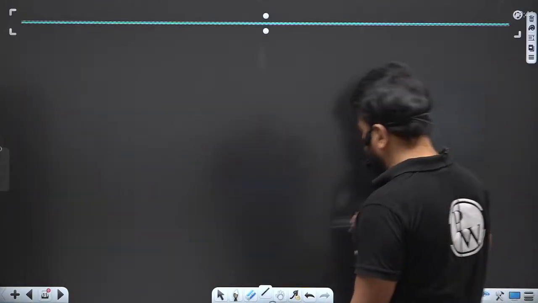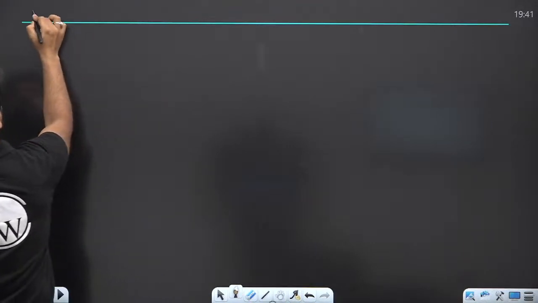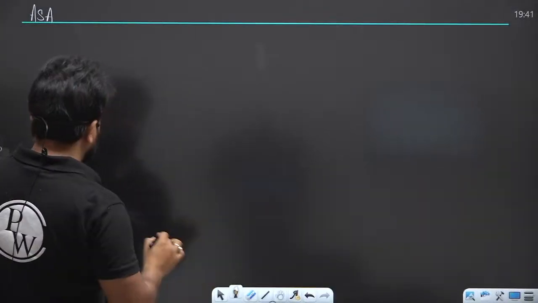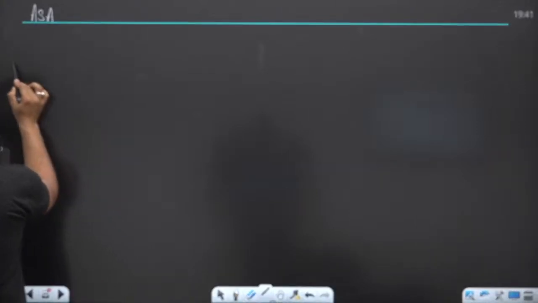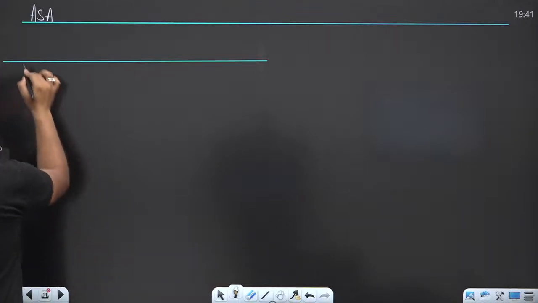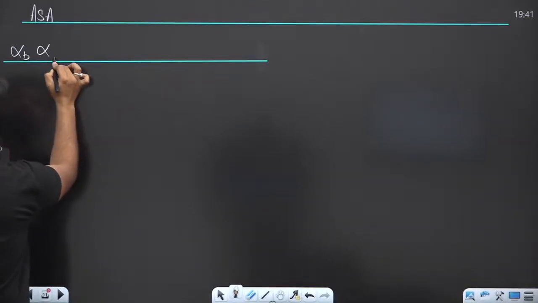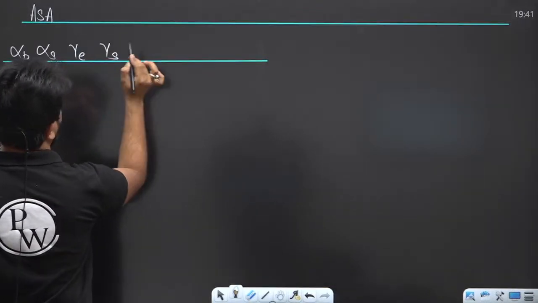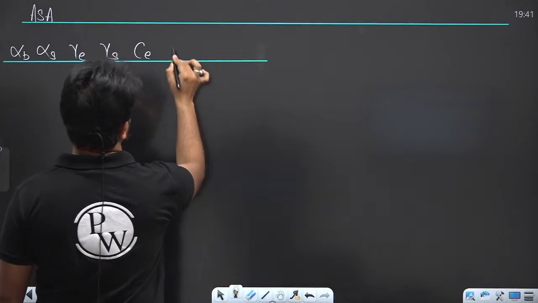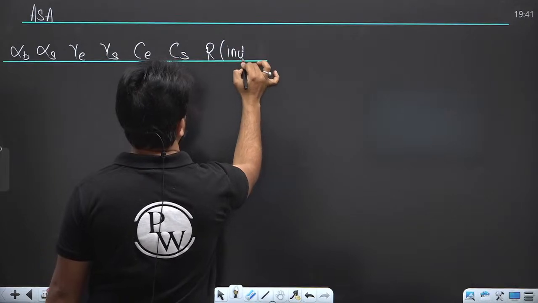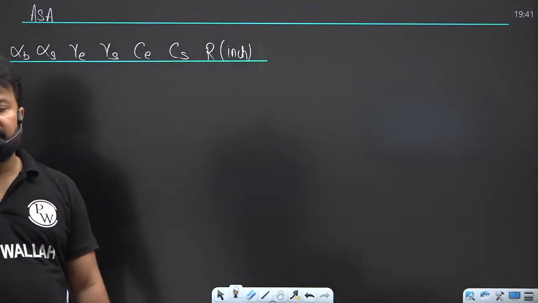ASA stands for American Standard Association. In this system, we write back rake angle first, then side rake angle, then end relief angle, then side relief angle, then end cutting edge, then side cutting edge, and we end with the nose radius, which will be in inch.